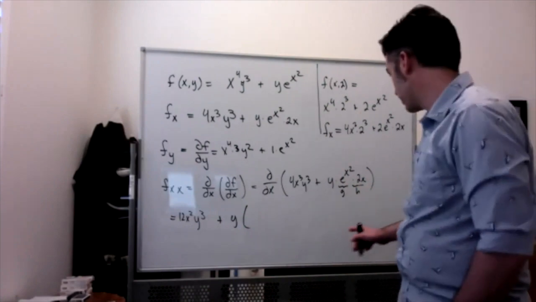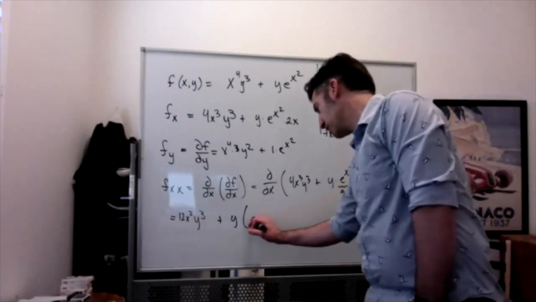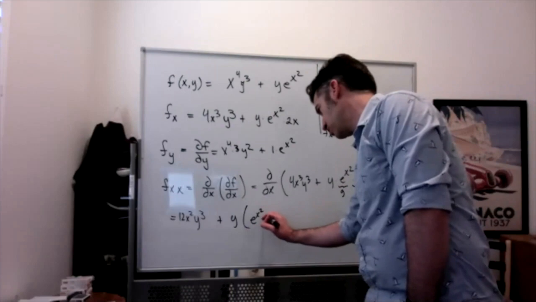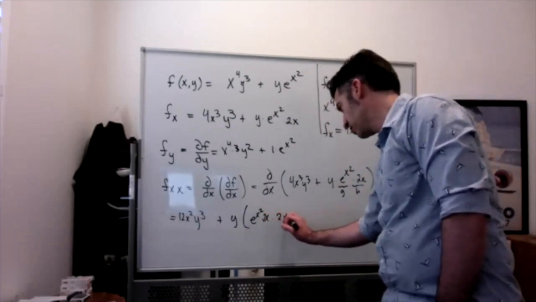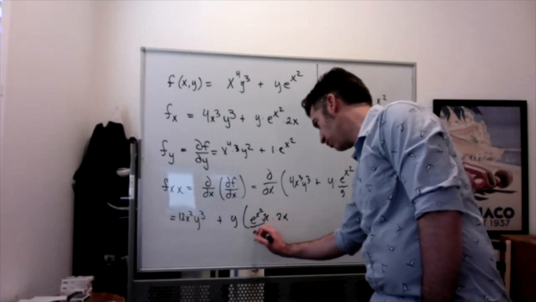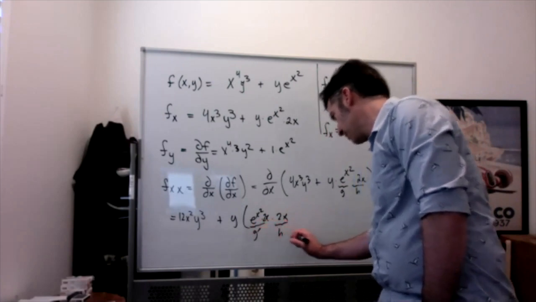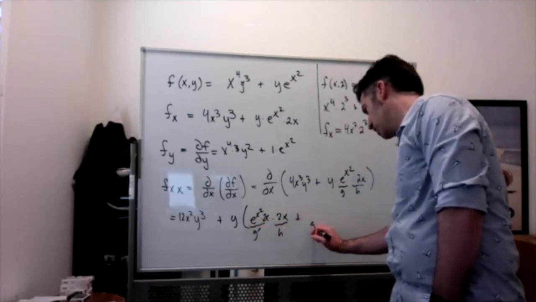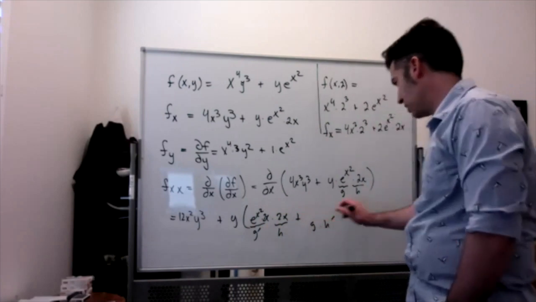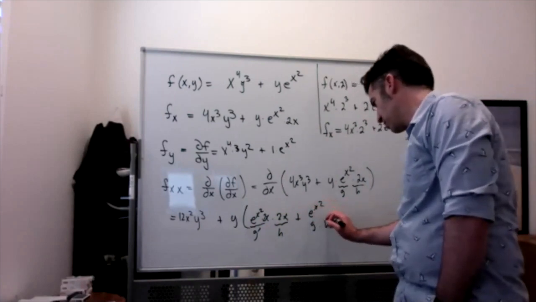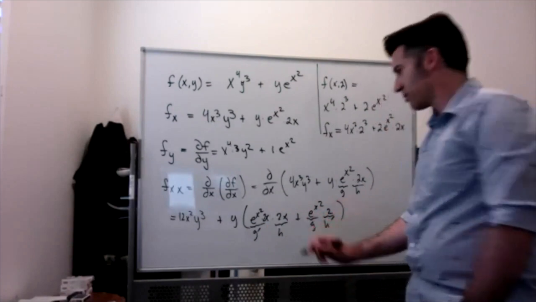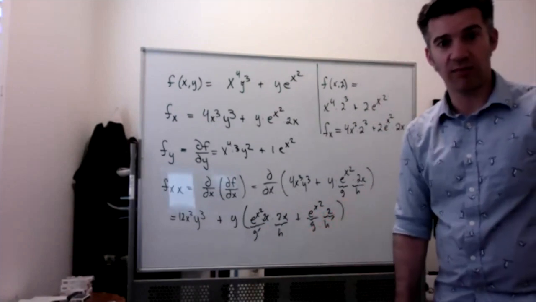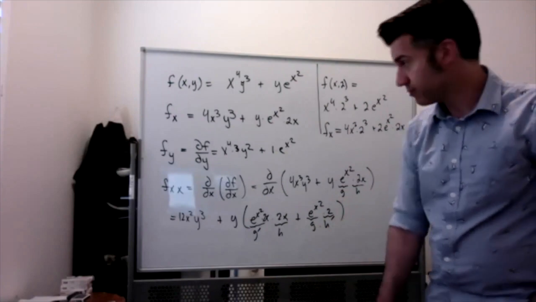The derivative of the first thing, e to the x squared times 2x, times the second thing, which is 2x. So it's g prime times h, plus then we want g times h prime. So e to the x squared times 2. And there's your second partial derivative with respect to x.